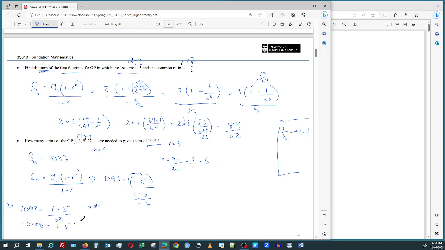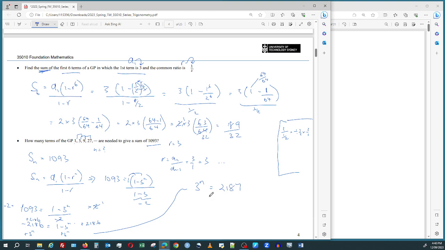So it's minus 2186. So I might add 2186 to both sides. And I might add 3 to the n to both sides. So that'll give me 3 to the n is equal to 2186 plus 1 is 2187.